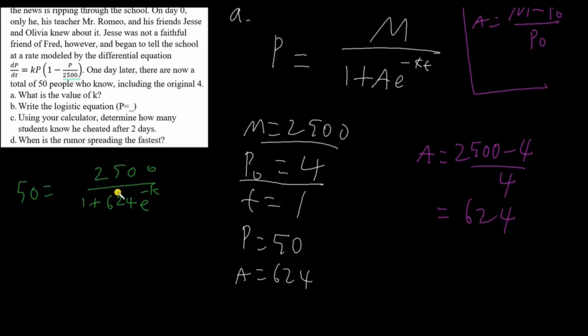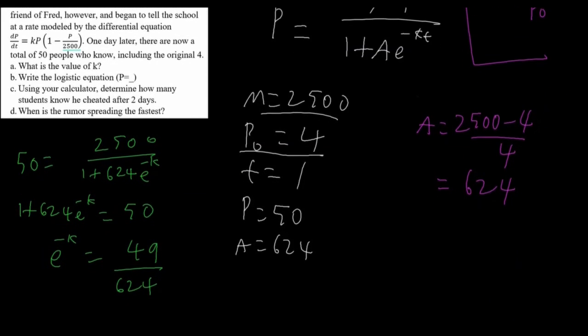Let's bring this entire bottom over to the other side. 1 plus 624 e to the negative k equals 2500 over 50, which is 50. Then I'll subtract 1 and divide by 624. So e to the negative k is 49 over 624.